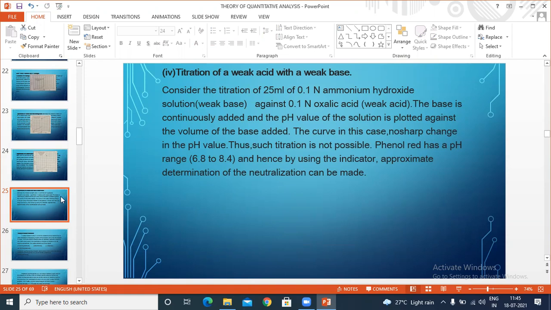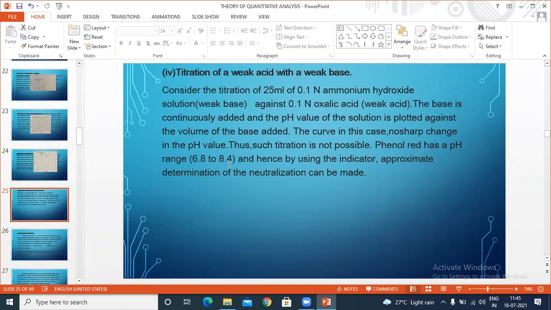One more thing: the neutralization pH range for a weak acid versus weak base is around 6.8 to 8.4. In that range, methyl orange won't work, and phenolphthalein is also not possible to use. So the only indicator we can use is phenol red.